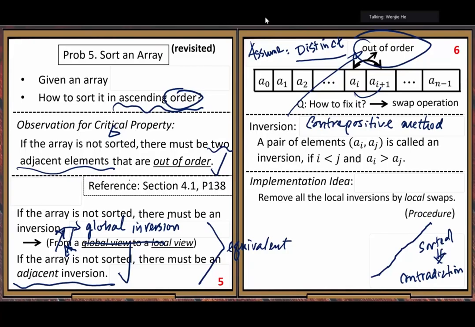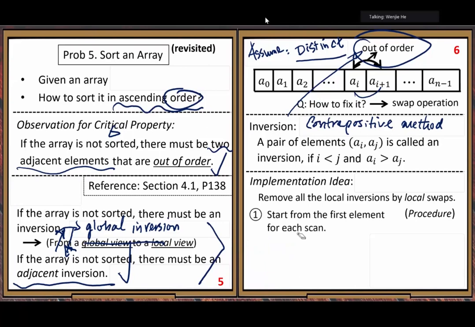Procedure. First, we start from the first element for each scan. We need to scan this array many times. The first time we scan this array, we start from the first element.